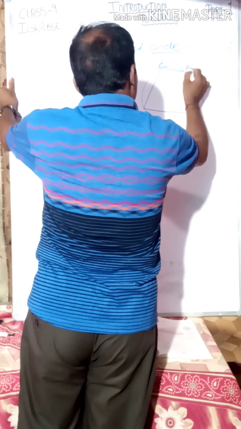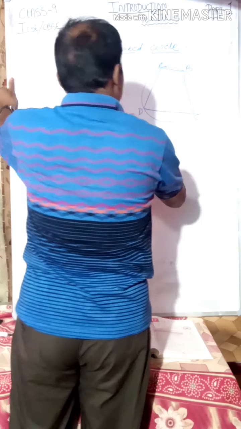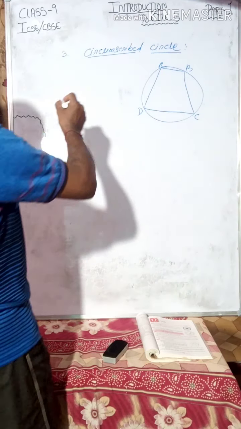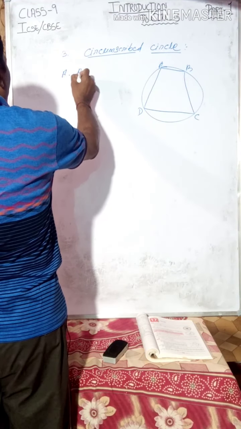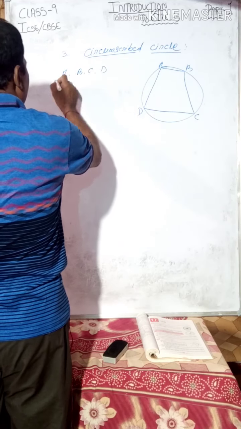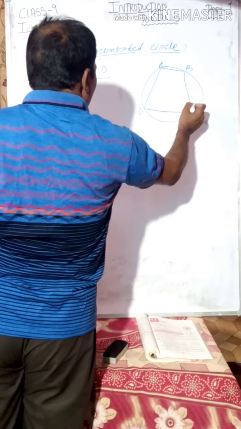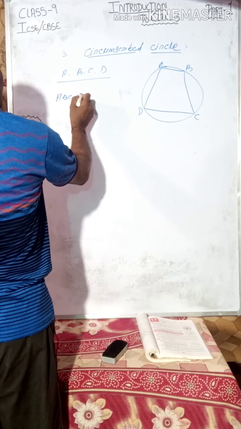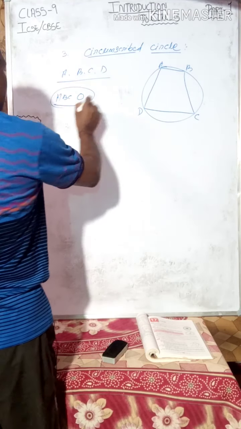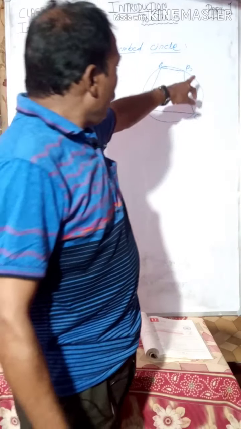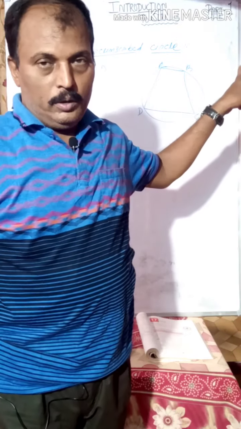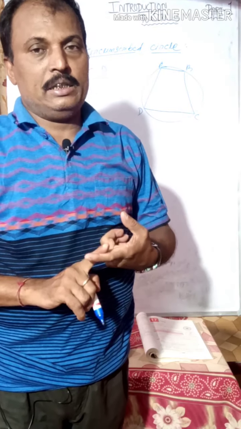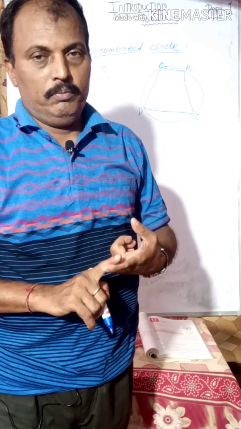A, B, C, D. So ABCD is a polygon. There are four vertices A, B, C and D. But here is a circle, suppose the circle is ABC. The circle passes through all the vertices of the polygon.